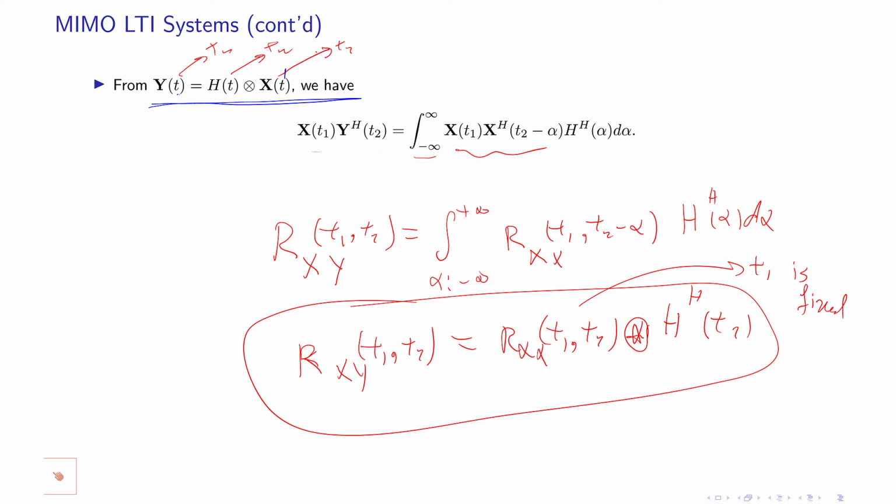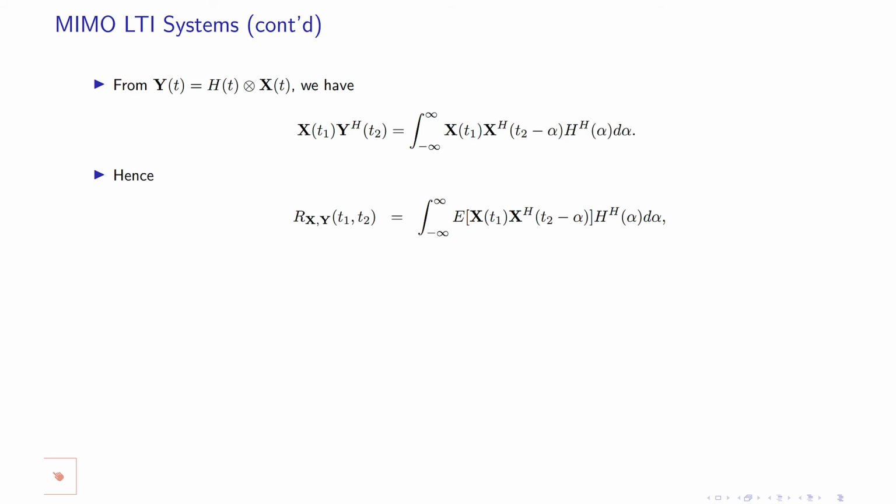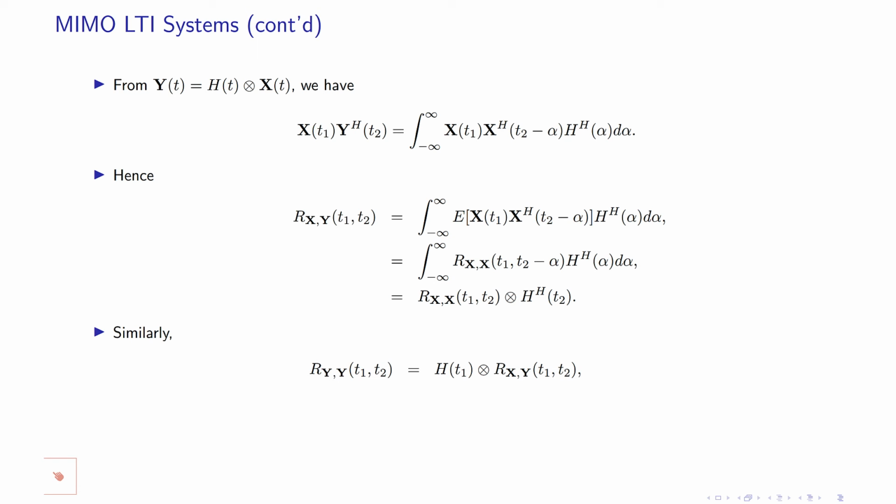I could write a similar result, instead of x(t1) y(t2), I could write it like y(t2) x(t1) Hermitian and so on, or I could write y(t1) y(t2) Hermitian. So you could get all these results, and then these will become equal.